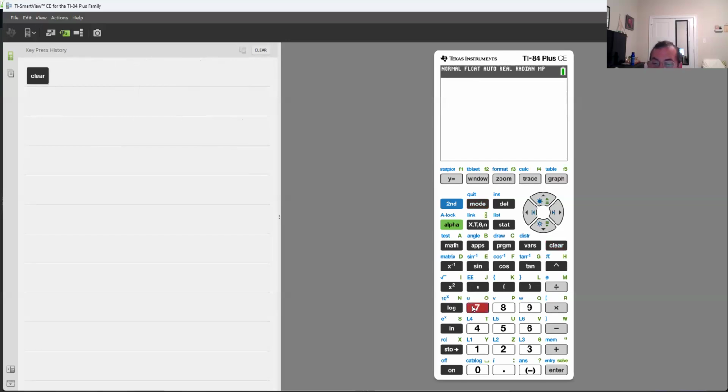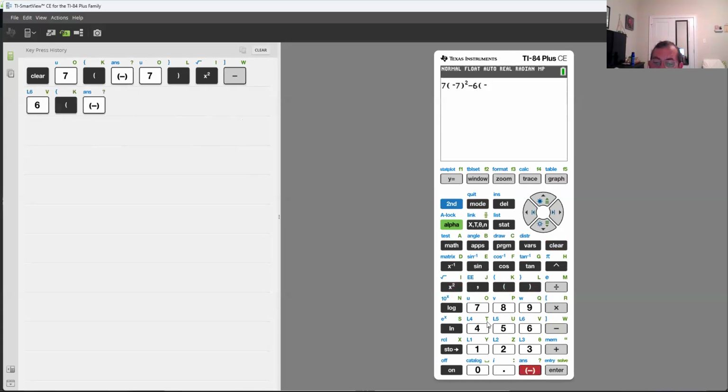And I had 7 parentheses, -7, close parentheses, and square it, minus 6 times -7, close parentheses, and then -7. So y'all, we're going to hit enter, and G of -7 equals 378.